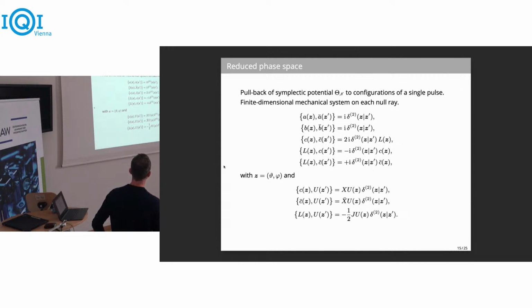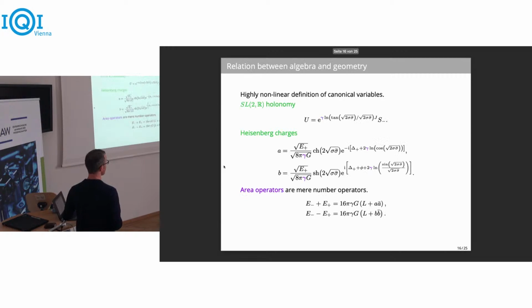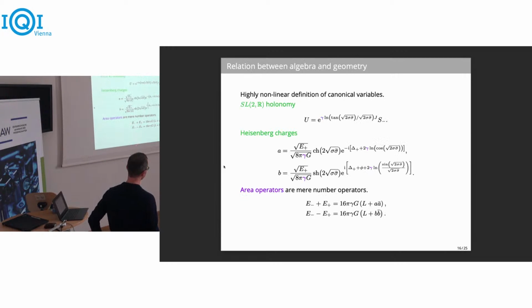So at the quantum level, it will have a discrete spectrum as well, which means that the area of the initial and final cross-section, where the pulse either starts or terminates, now has a quantum representation, and there's an operator that represents it at the quantum level, and it is basically a number operator.